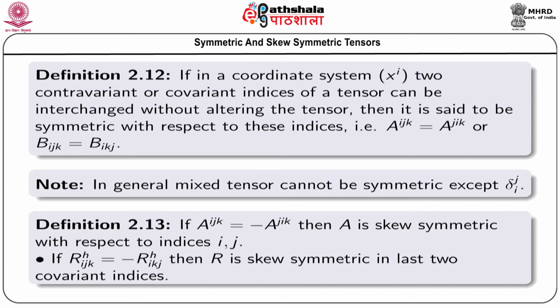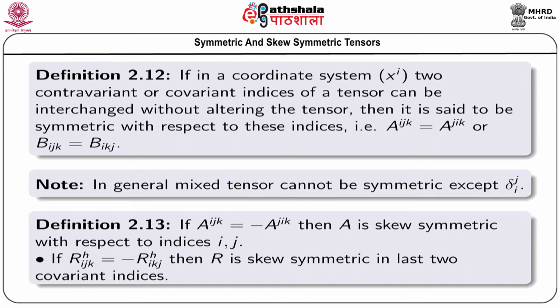For skew symmetric tensor, if the components occur with a negative sign when we change the index, suppose Aijk are the components of a 3-0 type tensor or a contravariant tensor of rank 3, and if it is equal to minus Ajik, then A is called skew symmetric with respect to indices i and j.